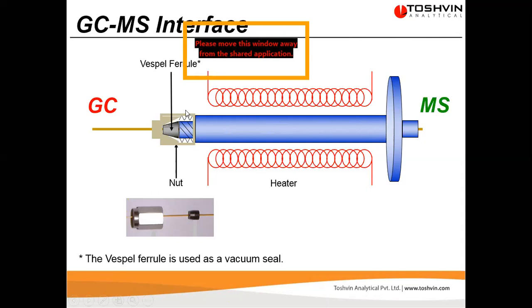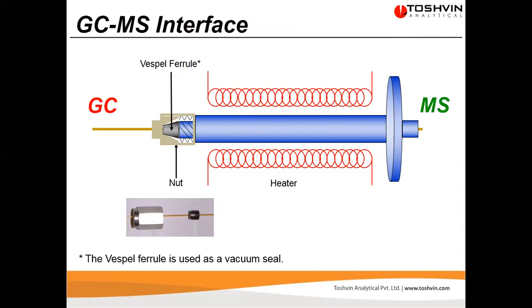The other thing we use is the Vespel ferrule. Normally, for a simple GC analysis, a graphite ferrule is used. But when you are working on a GCMS, we always use a Vespel ferrule. What is a Vespel ferrule? You can see this part.